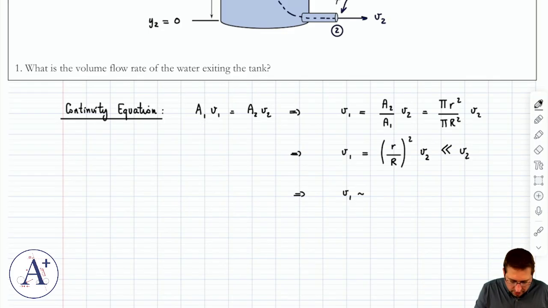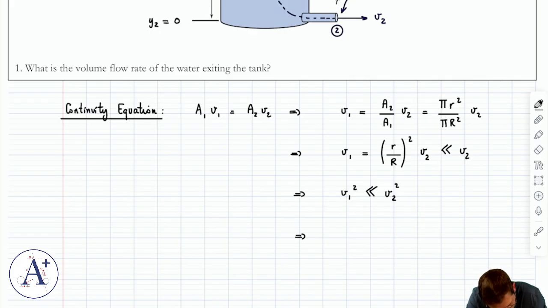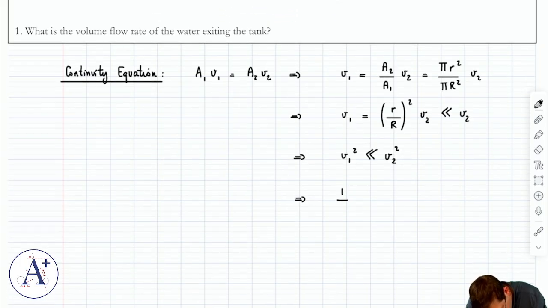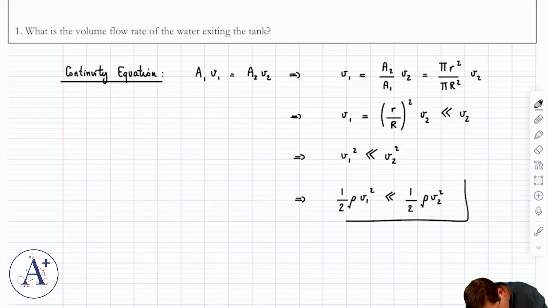So the point is that we want to be able to neglect V1. In fact, even better, we want to be able to neglect 1/2 rho V1 squared in front of 1/2 rho V2 squared in Bernoulli's equation. So if this is true, then V1 squared is very small in front of V2 squared. If I multiply by 1/2 rho on both sides, then 1/2 rho V1 squared is very small in front of 1/2 rho V2 squared.